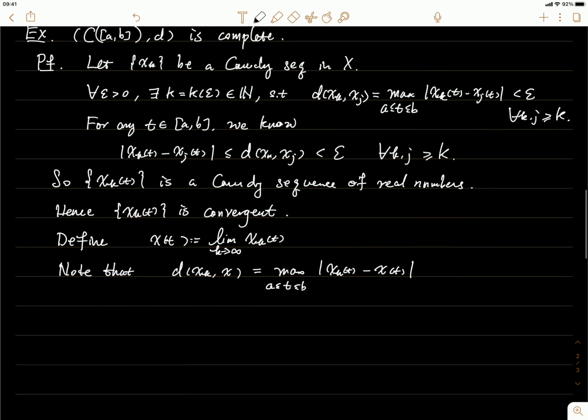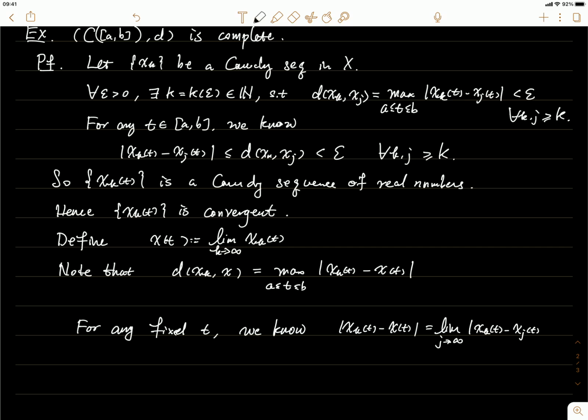Okay, so what I know about this is that for every fixed t, we know that this xk(t) minus x(t) is equal to the limit as j goes to infinity of xk(t) minus xj(t), right?